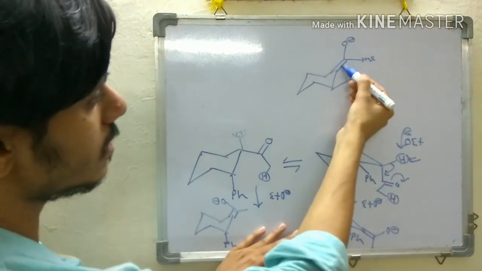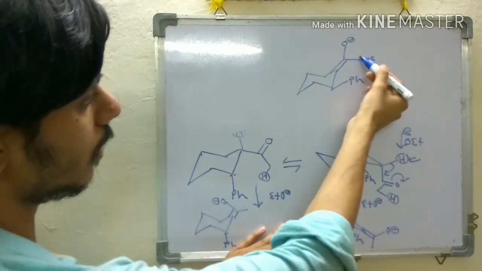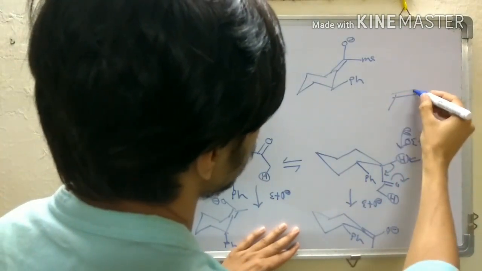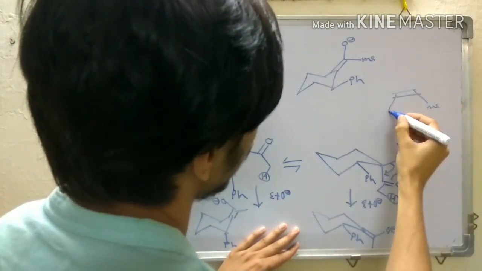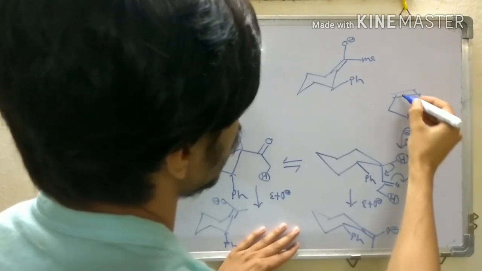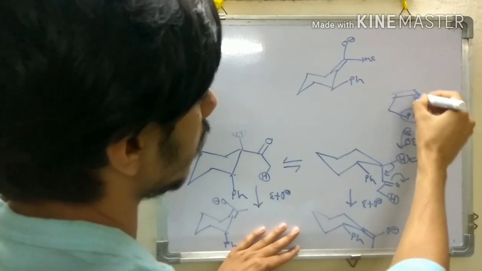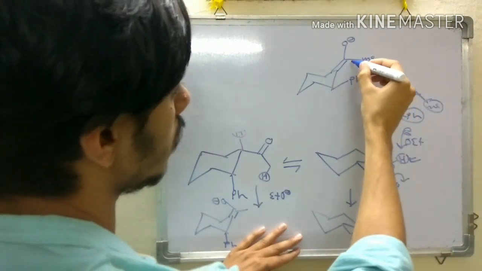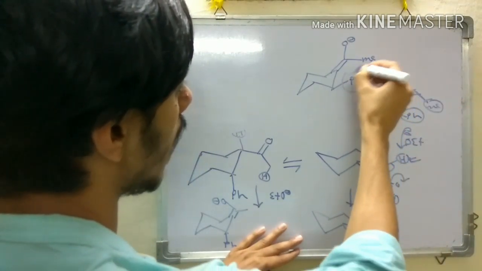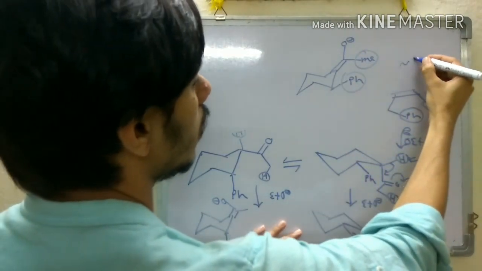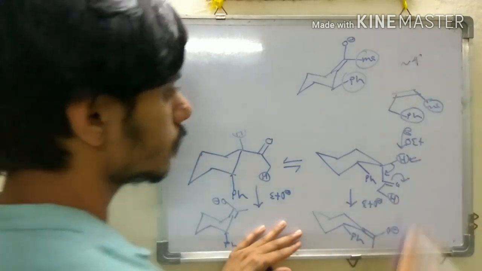Now note that this particular portion is similar to this. Let's say you have a methyl group here and a phenyl group here. These two groups are in the same plane and they are cis, so the angle between them is near 0 degrees.